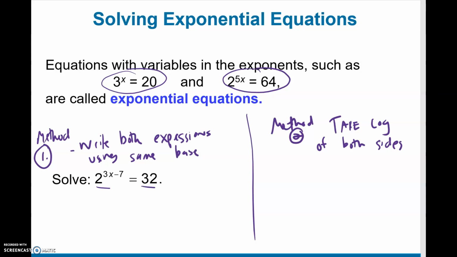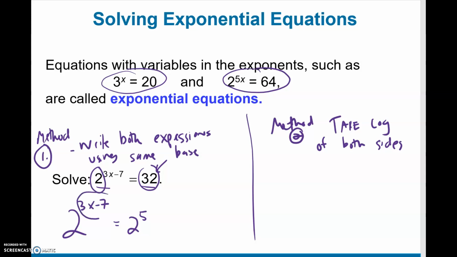This is a really special equation because of the relationship between 2 and 32. I won't change the left, but on the right side of the equation, I'll recognize I can write 32 as 2 to the 5th. I recognize that as a special number. It's a power of 2.